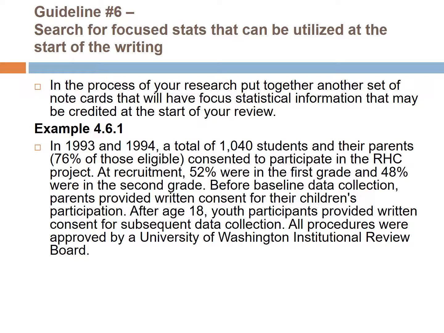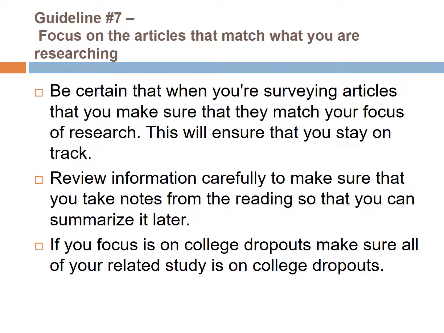Okay, our next slide. This slide is guideline 7, and this focuses on the articles that match what you are researching. So when you are doing this specific research, you want to make sure that you pull journal articles or magazine articles or whatever you are pulling, internet articles.